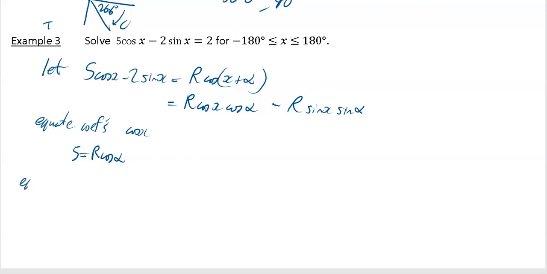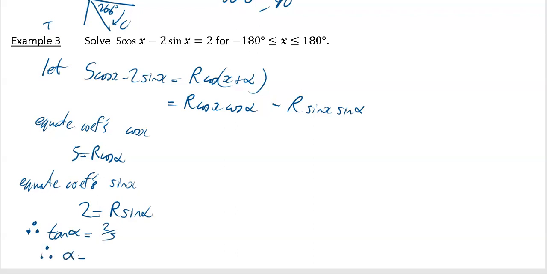I'm also going to equate coefficients of sin x, and if I do that, that's going to give me positive 2 is equal to positive r sin alpha, which tells me that tan alpha is equal to 2 over 5. Therefore, you do tan to the minus 1 of that, and you are going to get 21.8 degrees.